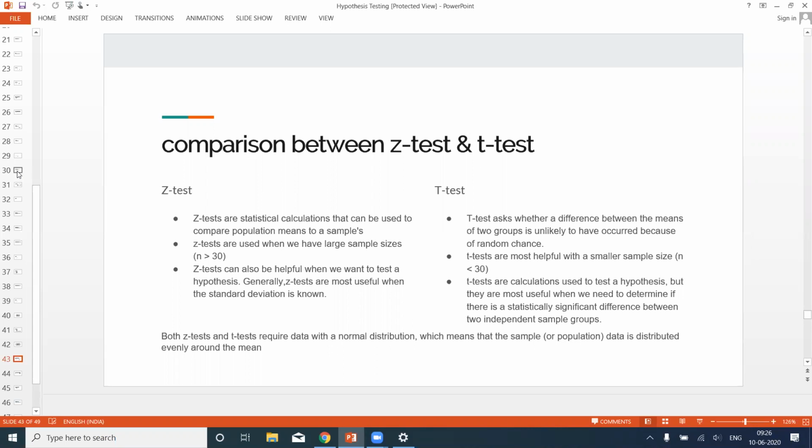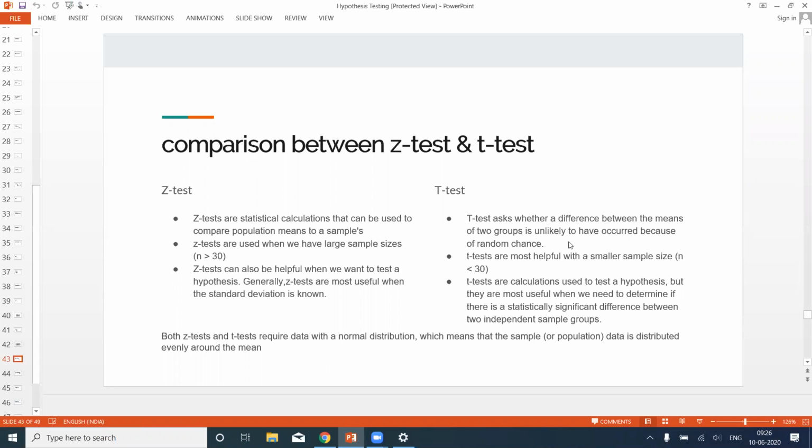Beyond this, T tests are also used to compare if two group means are the same or not. The T test asks whether a difference between the means of the two groups is unlikely to have occurred because of random chance. We'll come to this application later on also.